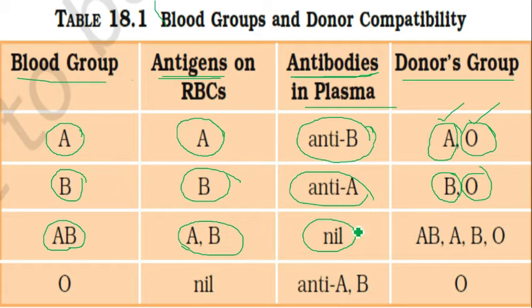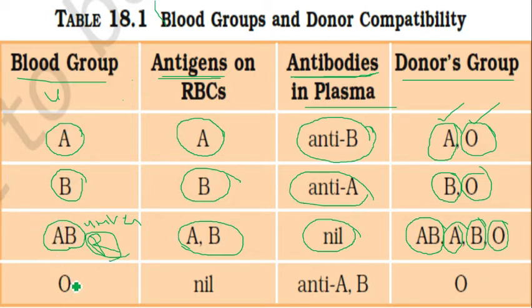See, AB blood group persons can take blood from AB, from A, from B, and from O also. Because of the absence of antibodies in the plasma of AB blood group people, they can receive blood from any other blood group. Because of this property, AB blood group persons are called universal receivers.